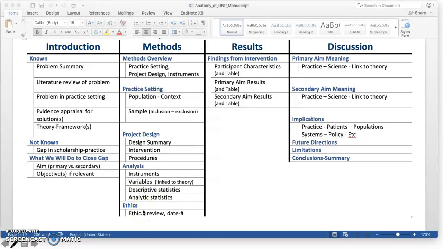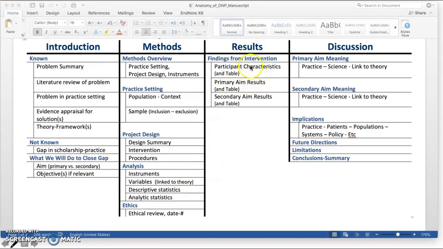And finally, you typically close the methods section by talking about your ethical reviews that were granted by which institutions, using specific numbers or dates that those approvals were given. So that finishes your methods section. Again, a couple of bullet points per item in the methods gives that 360-degree overview.